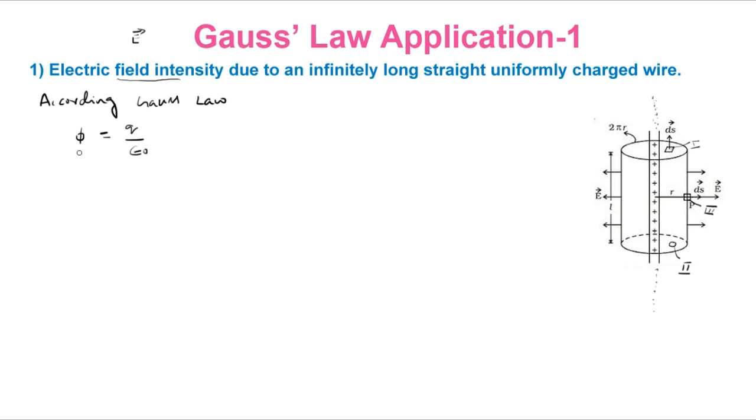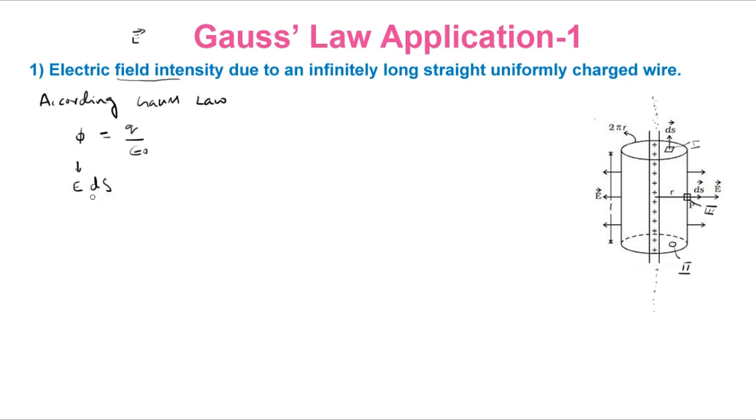What is the flux? The number of electric field lines passing per unit area is called electric flux. So I will write the flux as E into ds.